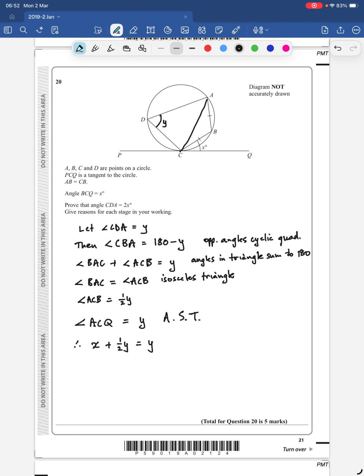And that therefore means that x equals a half of y, and therefore y equals 2x. And since we said earlier on that CDA equals y, I can say therefore angle CDA equals 2x. And that'll get me all the marks.